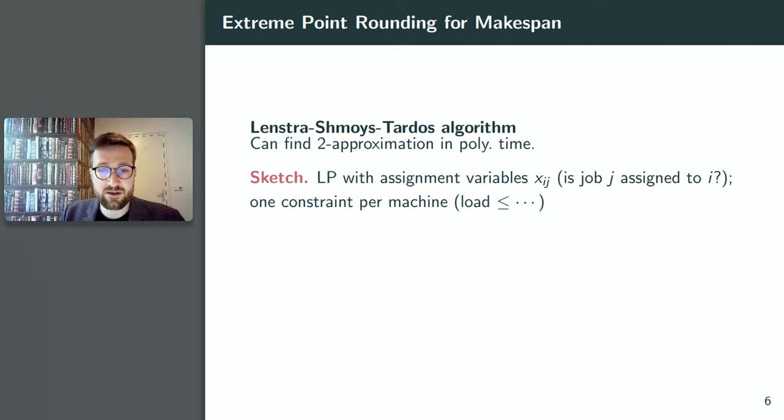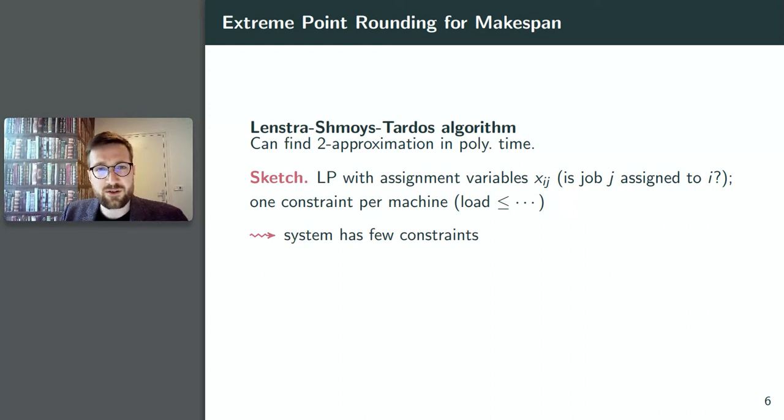They set up an LP with assignment variables x_ij. So x_ij describes whether job j is assigned to machine i, and in total these x_ij's must sum to 1 for every job, and apart from that you have another constraint for each machine which says the load on this machine must be at most whatever makespan you would like to achieve.